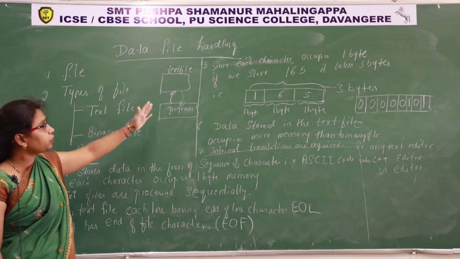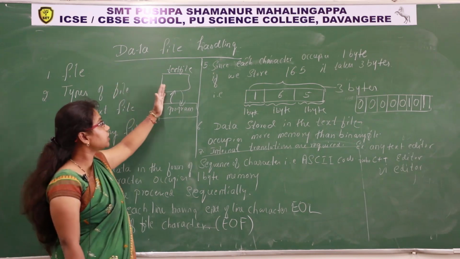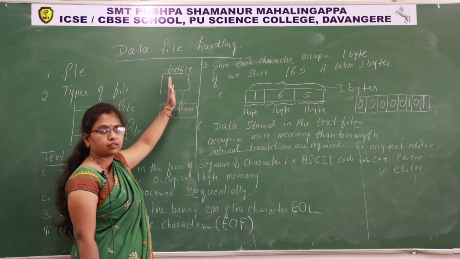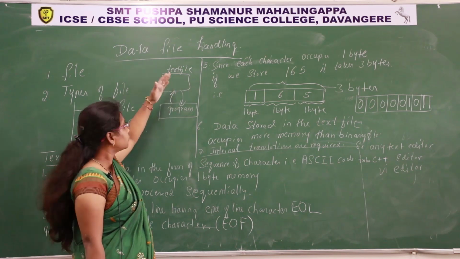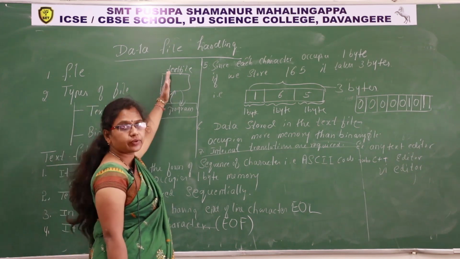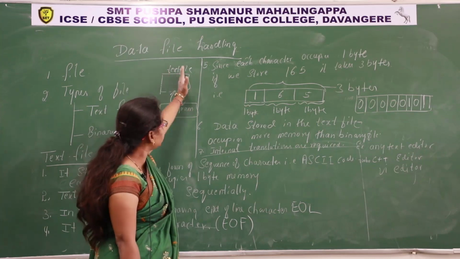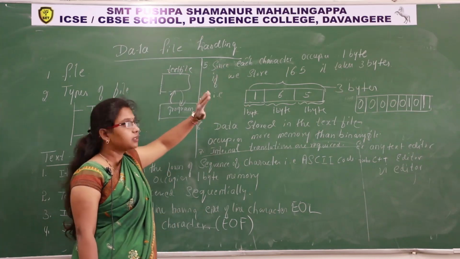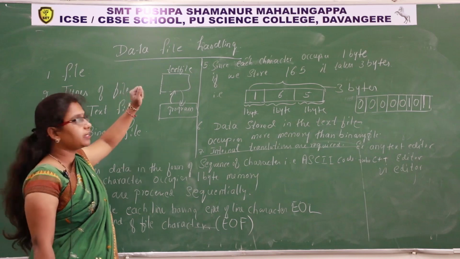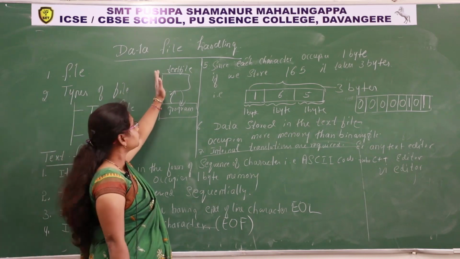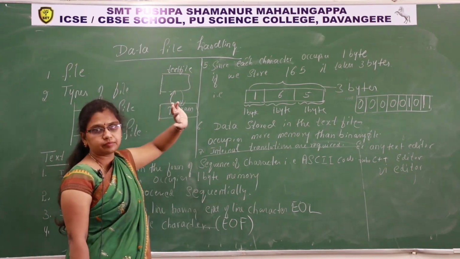According to your wish, according to your location in the text file, we cannot store data. So text files are accessed sequentially. The program always moves in the forward direction. If you want to fetch the data from the file, again it starts from the beginning. I cannot start from the middle or from the end.